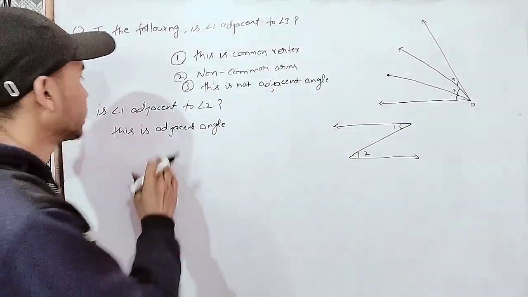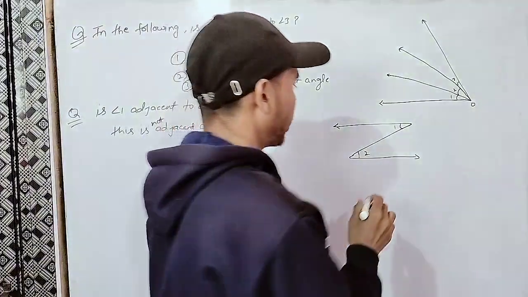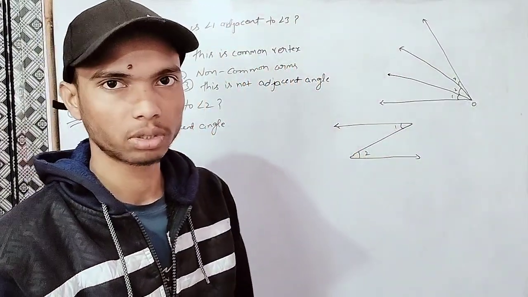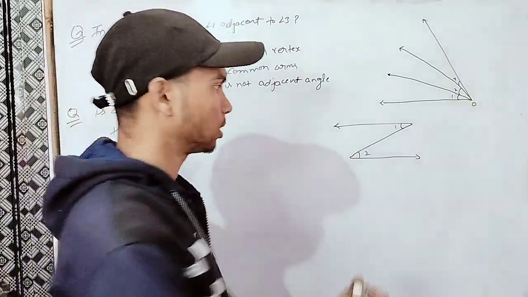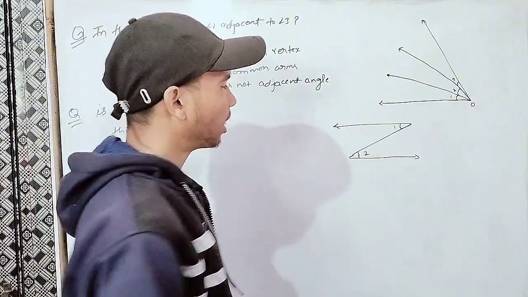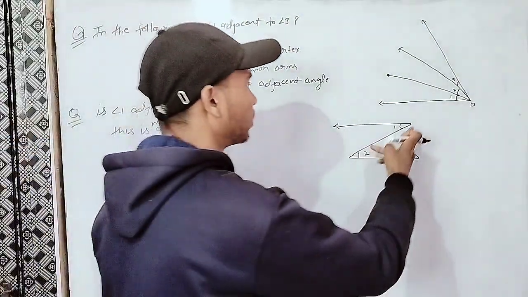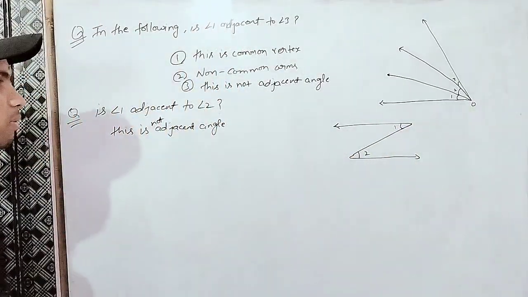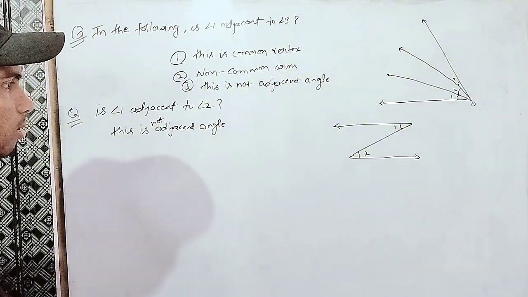Here, try to understand, this is not adjacent. Why? This is a common arm, but this is not opposite to the adjacent. Also we don't have a common vertex. We have two vertices, this one and this one, but we don't have a common vertex. This is a non-common vertex.